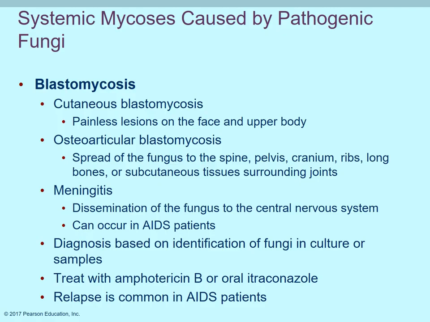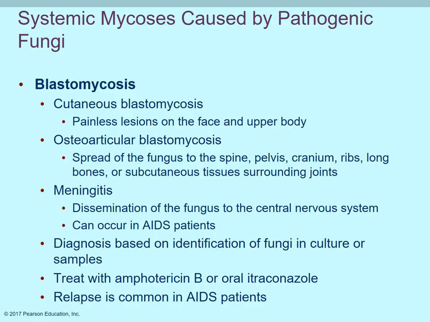Sometimes with blastomycosis, if we have what we call cutaneous, you end up with lesions on the face or the upper body. If it's osteoarticular blastomycosis, this is where, as the name implies, the fungus tends to spread and infect some of the bones, especially around joints.